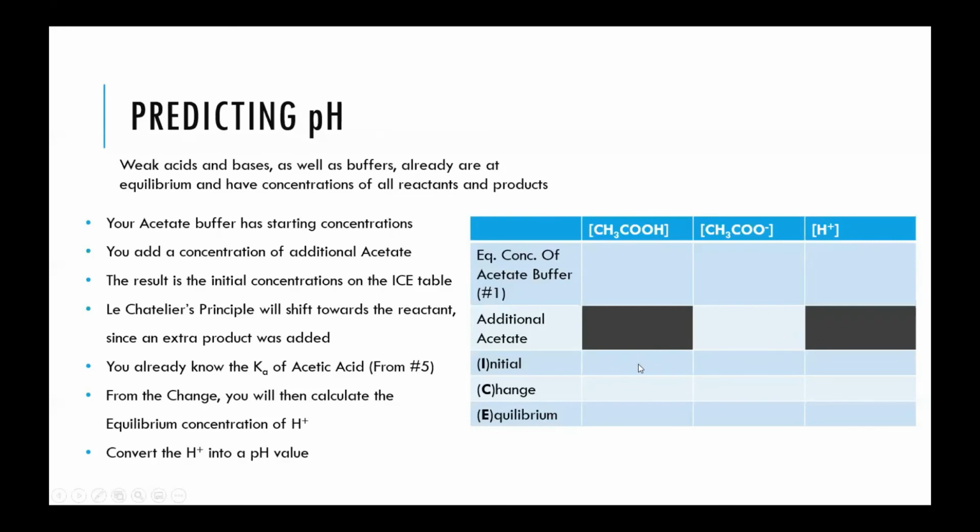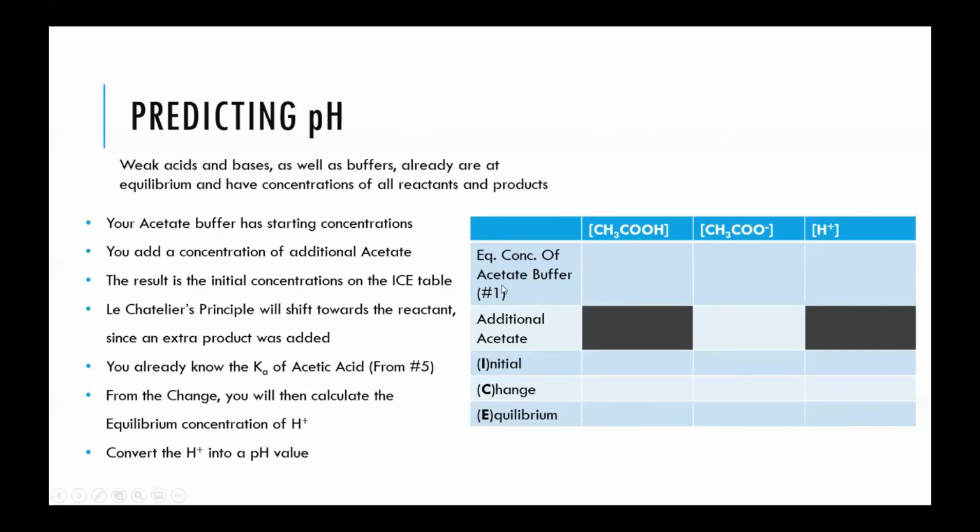And now that changes the initial value of the acetate. The acetic acid and the H+ remain the same, but now that initial value of acetate is too high. So you're determining the change for that situation and then going through and calculating the equilibrium.